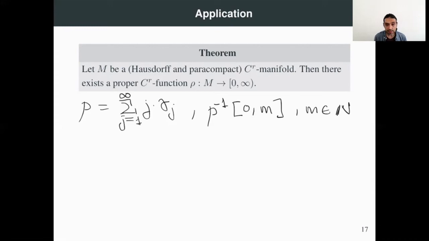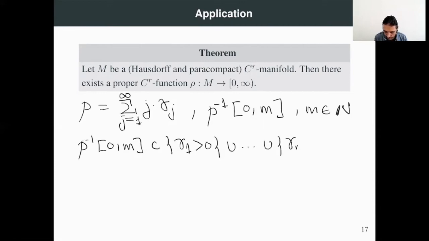But something that is interesting is that if we consider this preimage, it is contained in the set of points in which one of the first m gammas is positive, right?